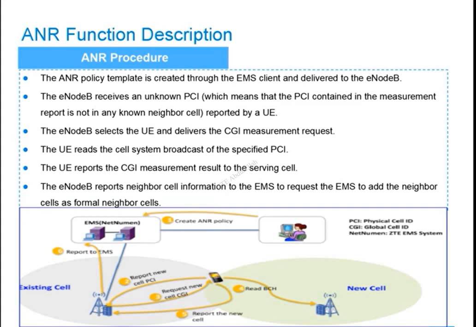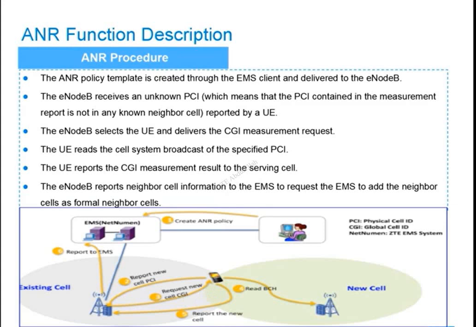When the eNodeB side receives an unknown PCI, the UE reports a new cell PCI. This new cell PCI does not exist in the eNodeB neighbor relation cells, so it thinks this is an unknown PCI. When the eNodeB receives the unknown PCI, it will select a UE to detect the CGI information of the unknown PCI cell.